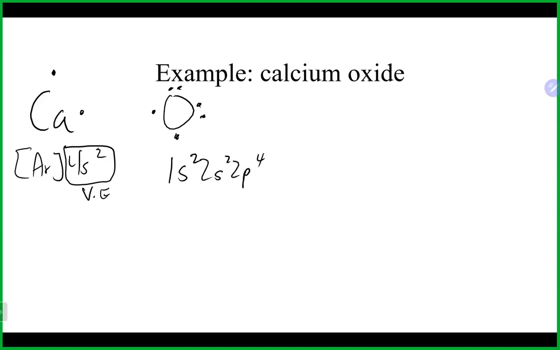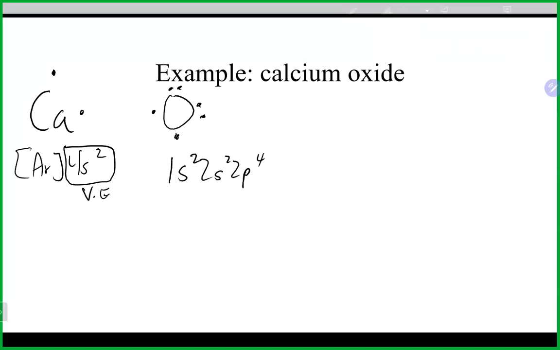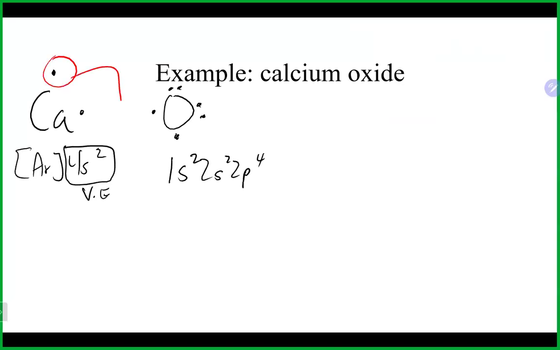Once again, when these two get together, our calcium is going to want to get rid of its electrons. So it's going to send over to our oxygen an electron. Good news here is it could actually send both of those electrons over to the oxygen, as it has room for it right there in this p subshell, basically.